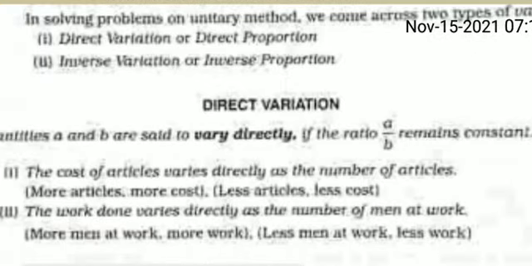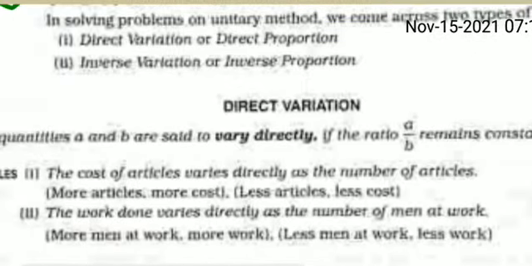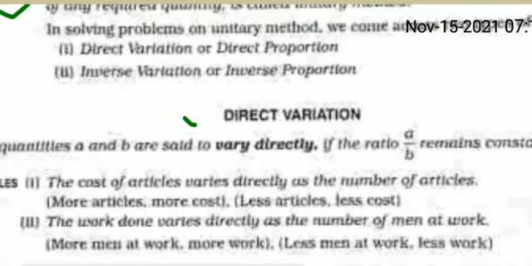Here the case of direct proportion, first one, tells that two quantities A and B are said to be in direct proportion if the ratio A by B remains constant. So if the question comes in the exam, what is direct variation, then you can write that two quantities A and B are said to be in direct variation if the ratio A by B remains constant.